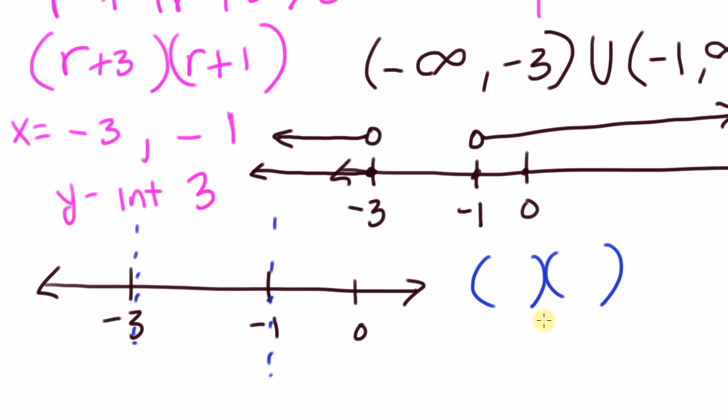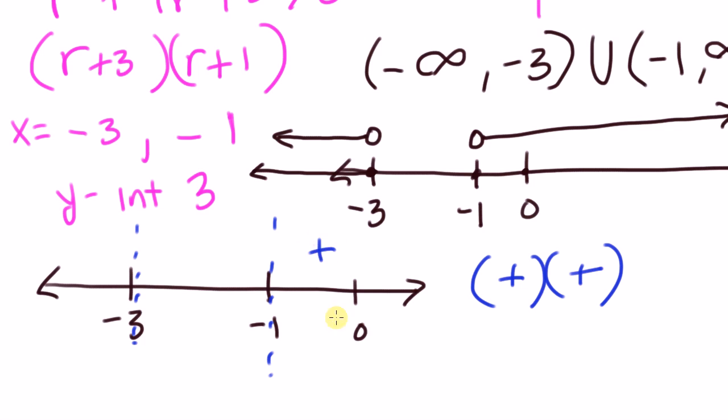So I'm going to end up with something times something. Take this and make it a really big positive number. If you add 3 to it, it's still going to be a really big positive number. Over here, it's going to be the same thing.